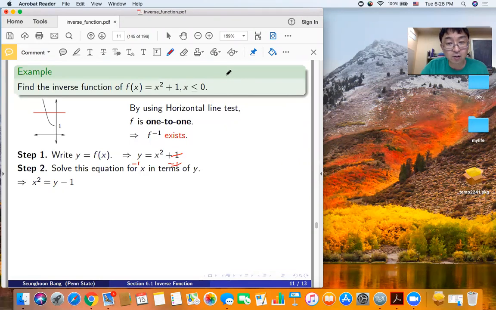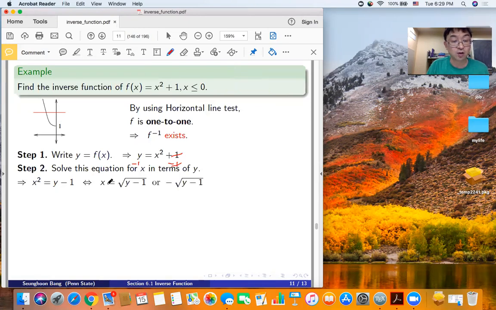If x squared equals 4, what is x? Yes, plus or minus 2. This is a very important thing. So here, take the square root. What is x? Plus or minus the square root of y minus 1.